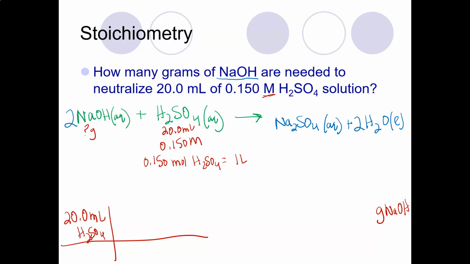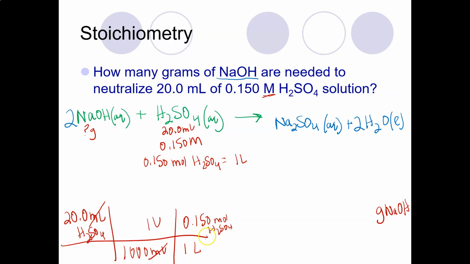So that's a unit factor. I can't use that one yet, though, because that says liters and this says milliliters. So I'm going to use my metric prefix because I don't have any other information here. At this point, my calculation would be in liters. So I'm going to use that unit factor, 1 liter for every 0.150 moles of H2SO4.